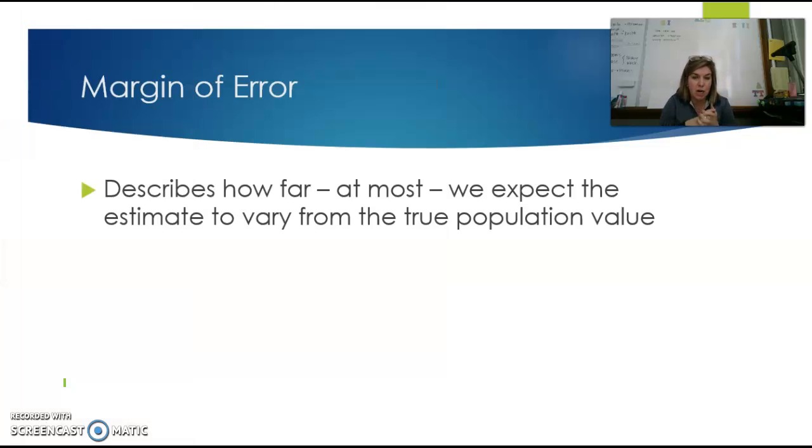The margin of error describes how far at most we would think that the estimate varies from the true value. You might see margins of error a lot, especially during the election, when we're talking about polls, because there's always a chance that that's not the exact amount. So we're just given a specific bit of wiggle room.